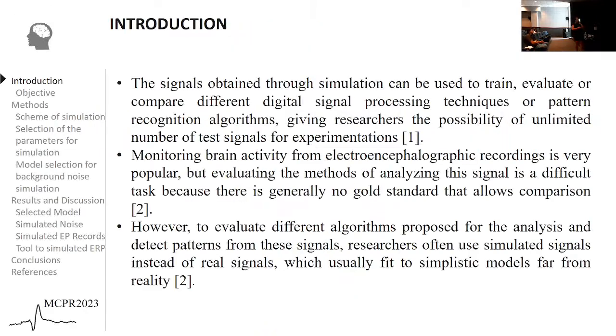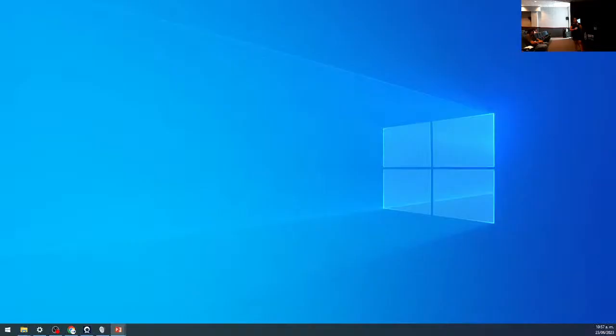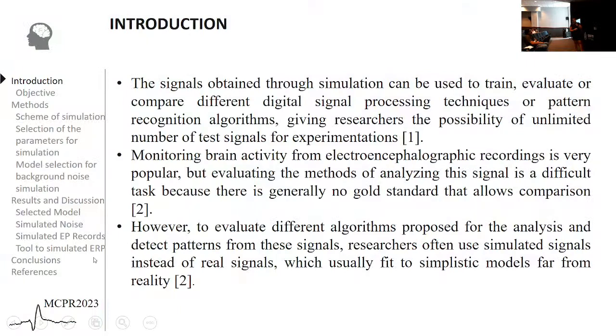The signals obtained from simulation can be used to train, evaluate, or compare different digital signal processing techniques or pattern recognition algorithms, giving researchers the possibility of experimenting with a limited number of signals.